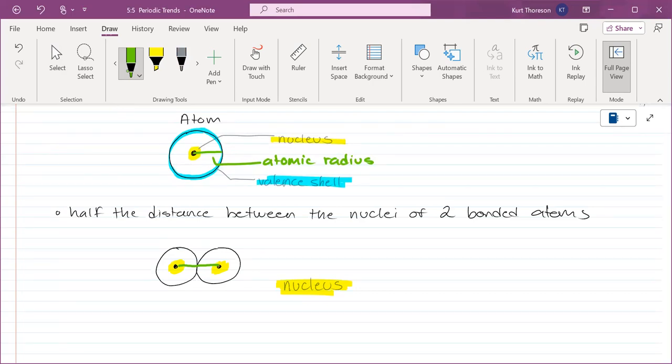Half of that green line is the atomic radius.